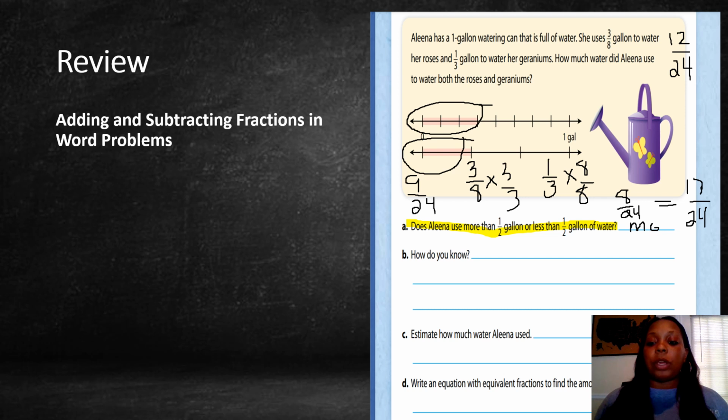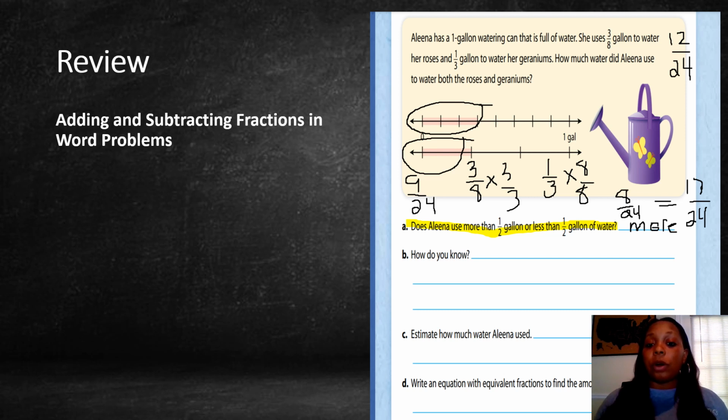So I'm just going to put more here. Excuse my handwriting. So it says, how do you know? Here you're going to put, you found a common denominator, you were able to add the fractions and compare it to 1/2, and you see that it is more than 1/2 gallon of water. It says, estimate how much water Alina used.